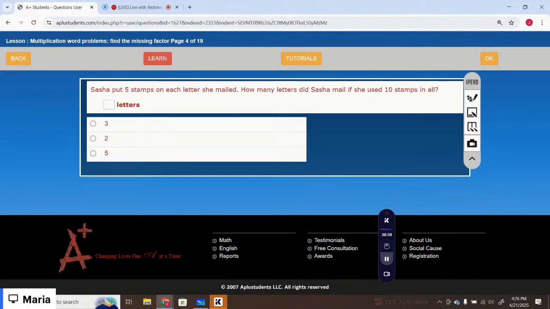Sasha put five stamps on each letter she mailed. How many letters did Sasha mail if she used 10 stamps in all?